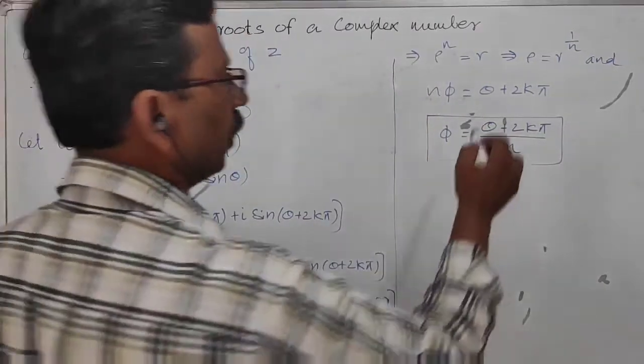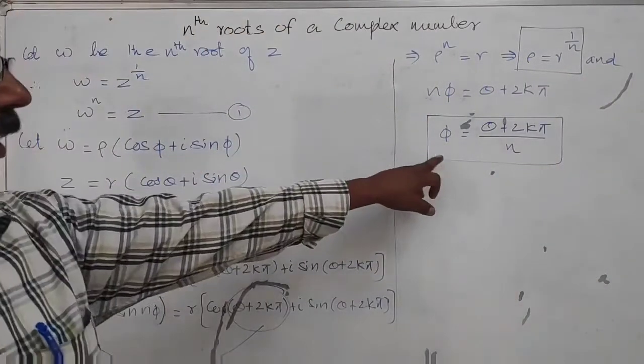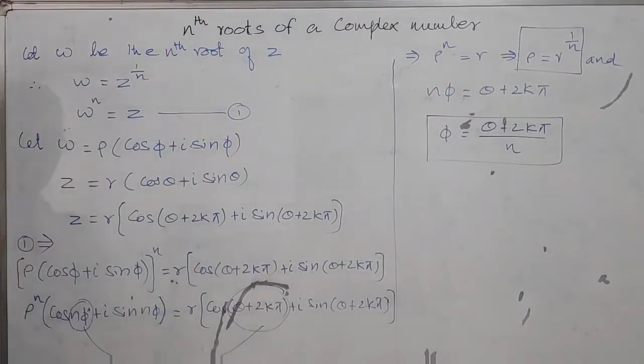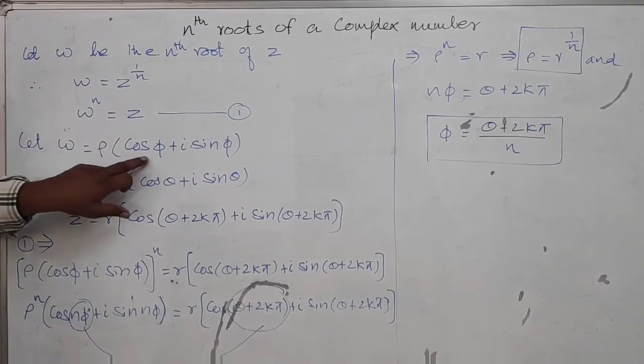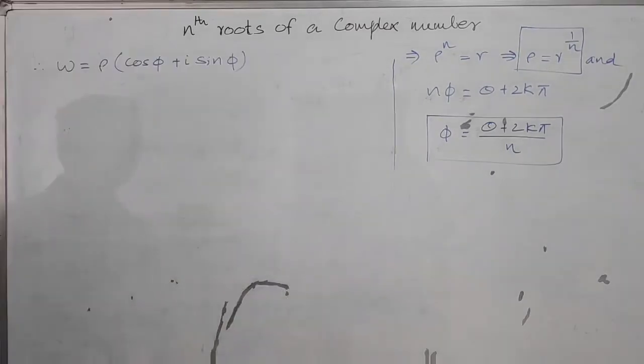Now, these two values, rho is equal to r power 1 by n and phi is equal to theta plus 2k pi by n, can be replaced here. Because w is equal to what? Rho into cos phi plus i sin phi.